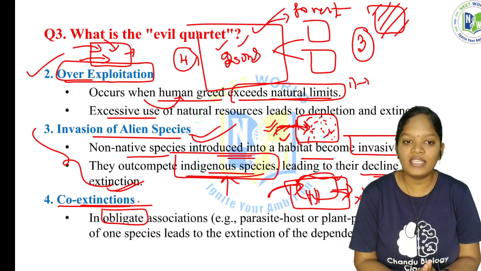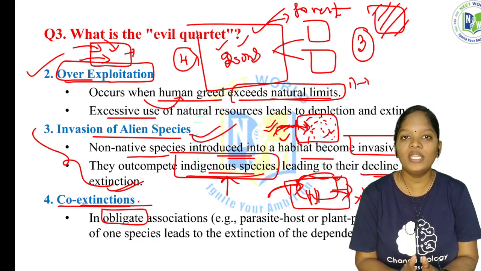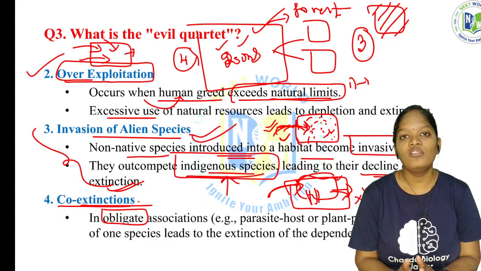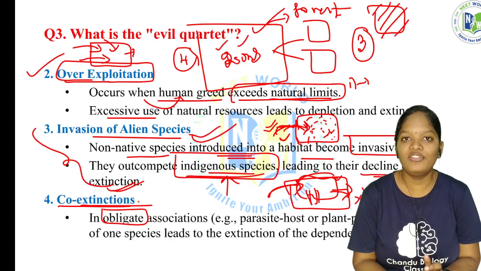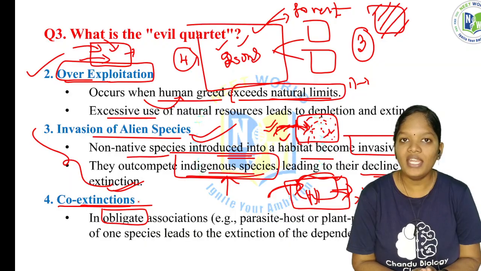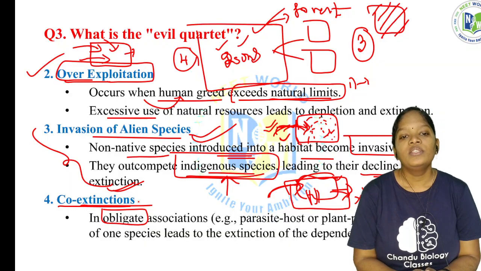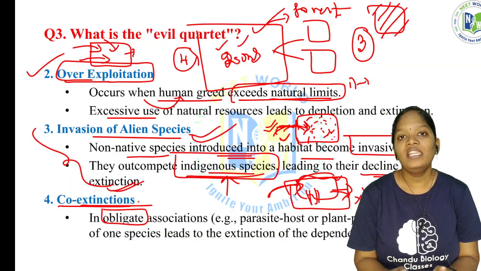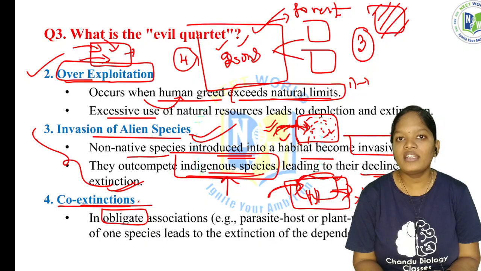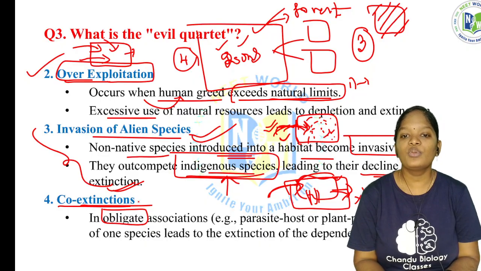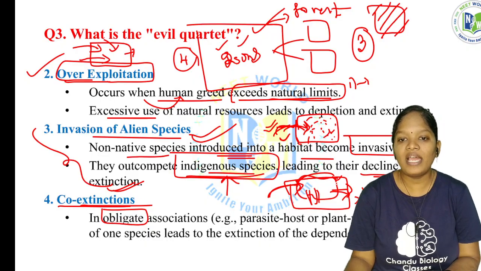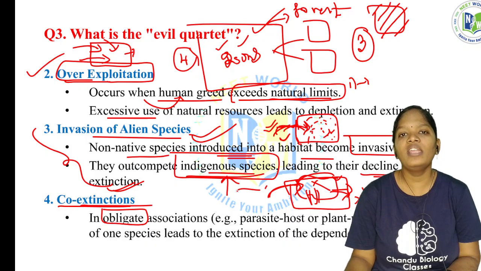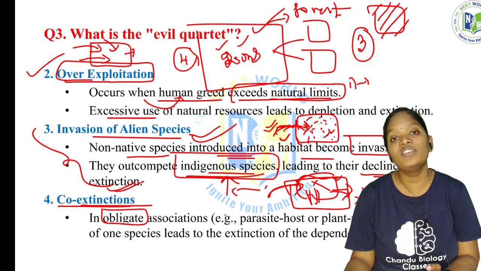Obligate means they definitely have to depend on each other, for pollination as well as food. Facilitative means they can live independently of each other, but they are depending on each other as of now. If the plant is not there, they can depend on other plants. So this is facilitative association.